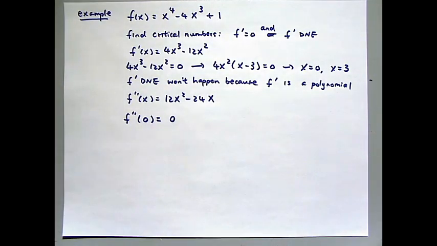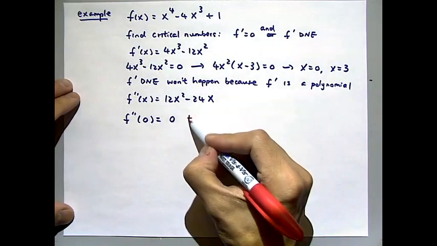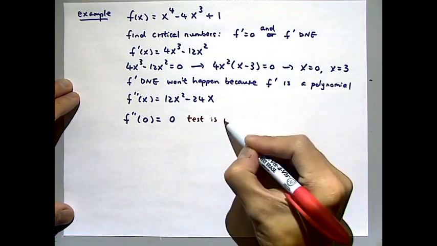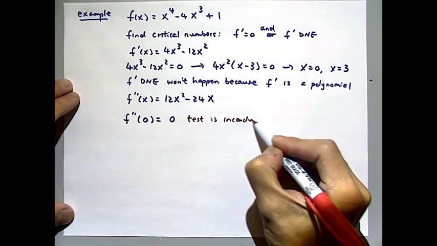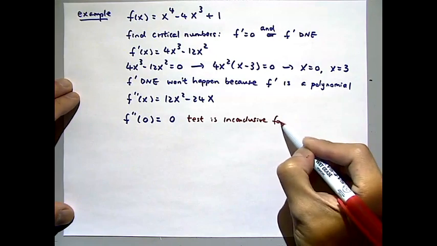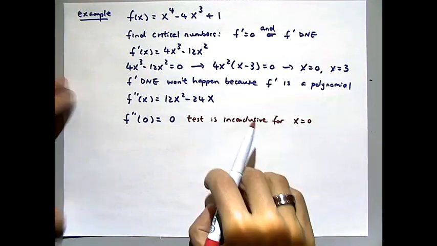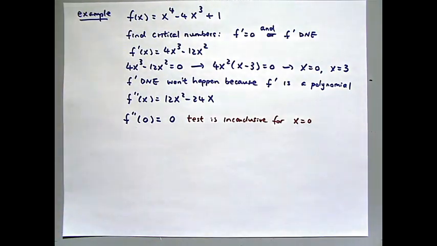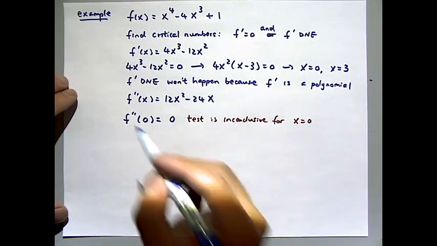So here we have the last of the possibilities we listed on the last page. When the second derivative is exactly equal to 0, we don't know what's going on. So for now, all we can say is that the test is inconclusive for this one. We'll have to come back to it. We still need to find out what it's doing here, but let's find out what 3 is before we tackle that again.